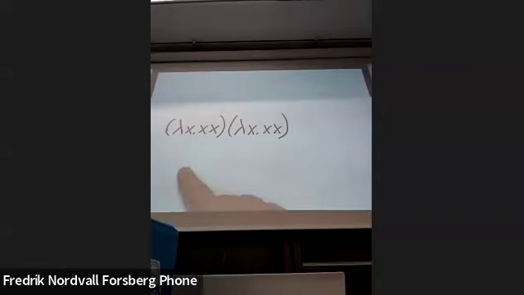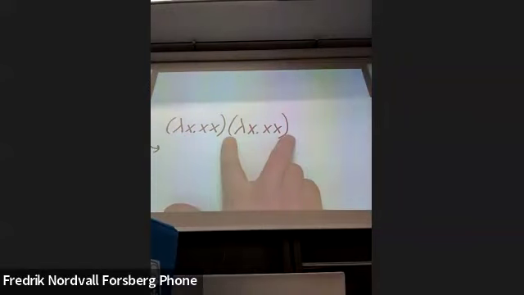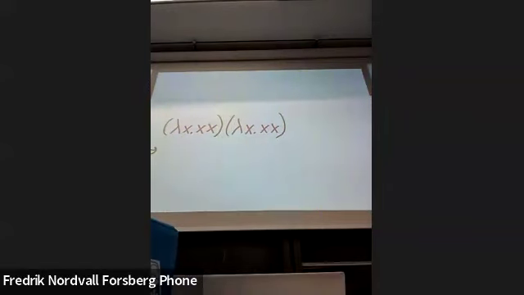And how does it compute? What does the beta rule say? Well, we take the x and we replace all the x's with the input, which is this thing. So that's going to be lambda x applied to x, applied to lambda x applied to x.